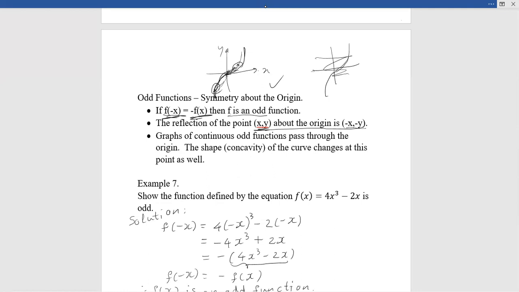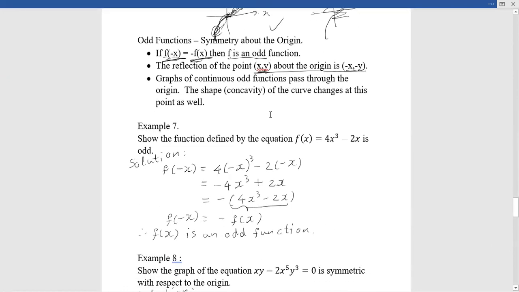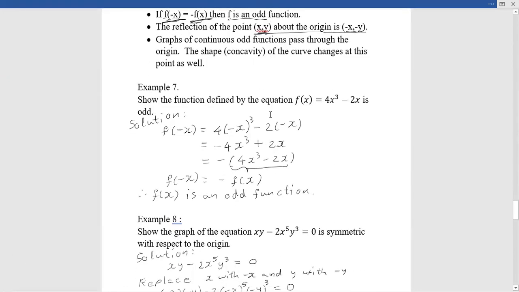So concavity changes here. We have not discussed concavity yet, do not worry about it. We're going to discuss that in section 2. But for the time being, let's discuss a couple of examples for odd functions.